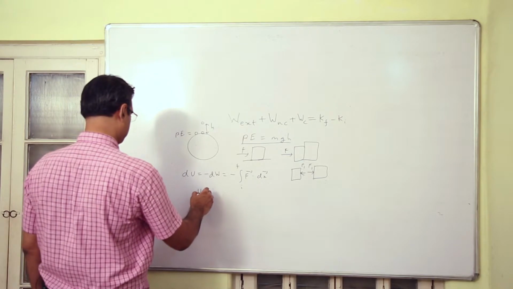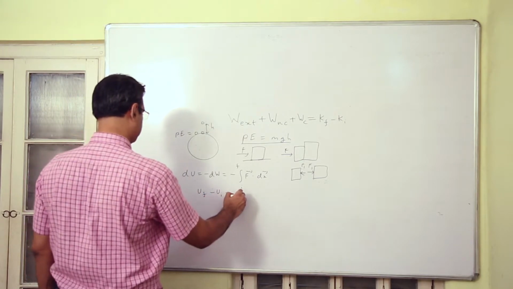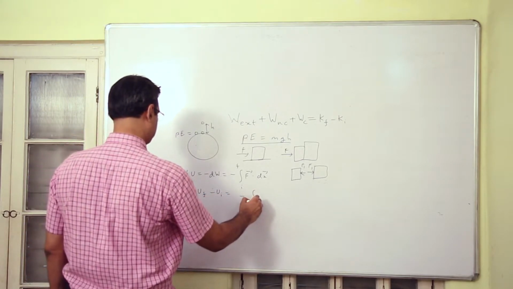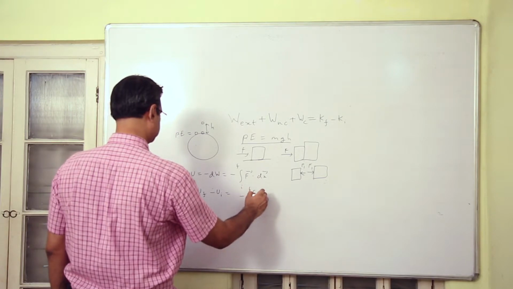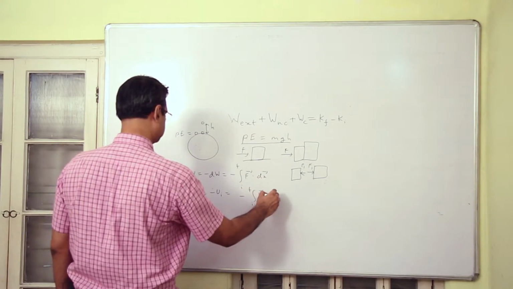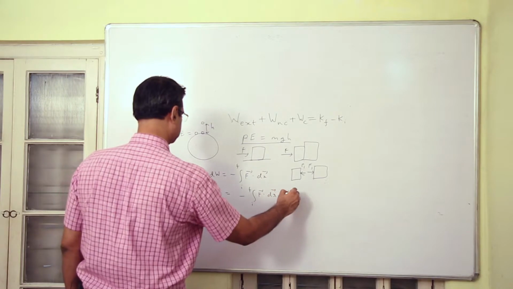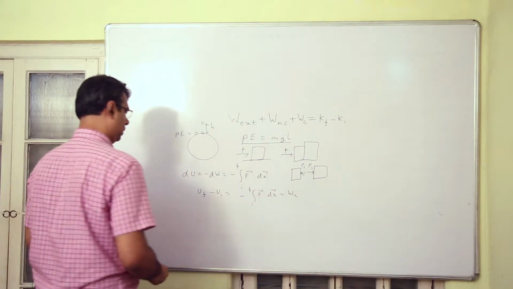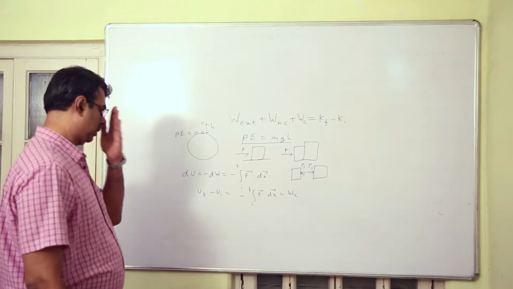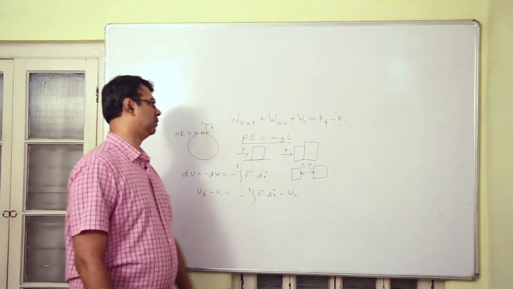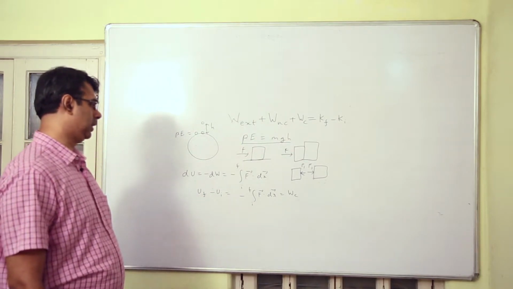So you could say that UF minus UI is equal to minus the integral of F dot dr from I to F. You have seen a few minutes ago that the work done by internal conservative forces we are calling WC.